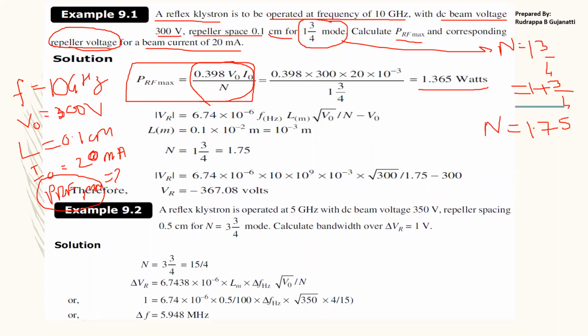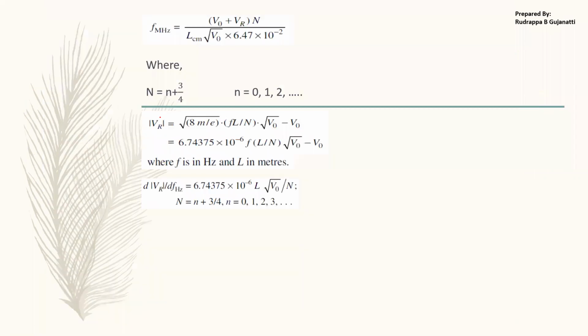Or else, you can first identify what is the repeller voltage. In this case, this is a standard value. Operating frequency is known, L is given, N is known, and beam voltage is also known. So you estimate what is the magnitude of VR.